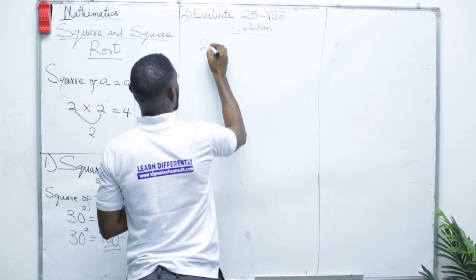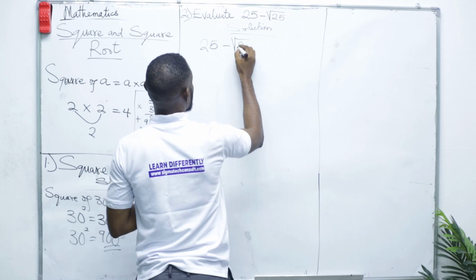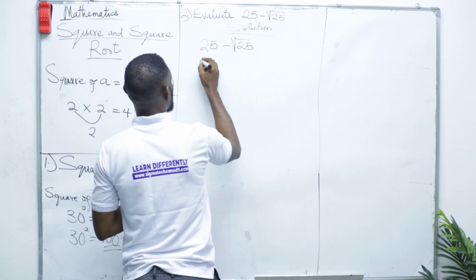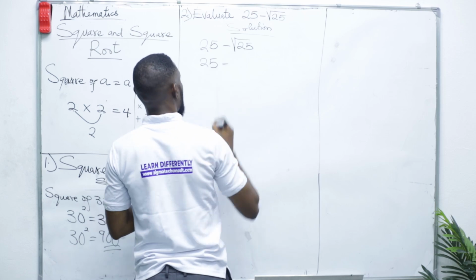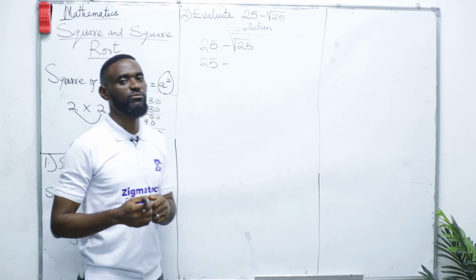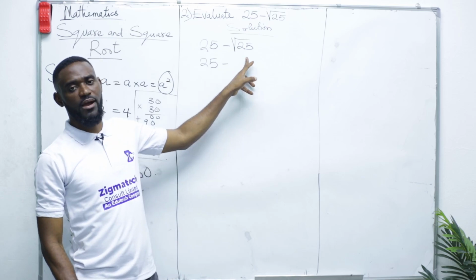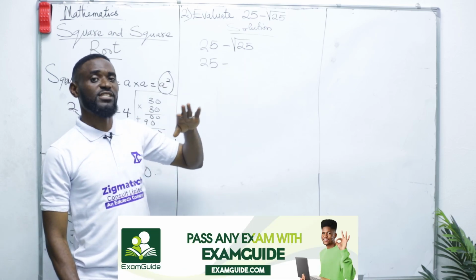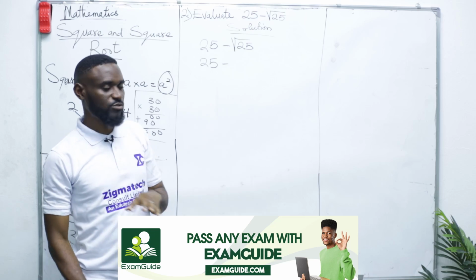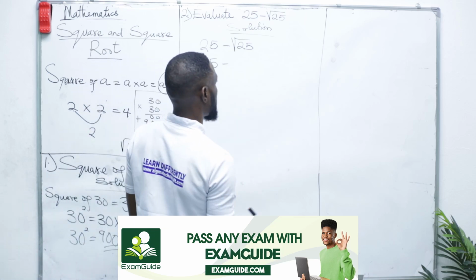This is 25 minus square root of 25. I know you know the square root of 25. Because this is a small number, which you know, let's just have the answer which you also know. So the square root of 25, you know, is 5.